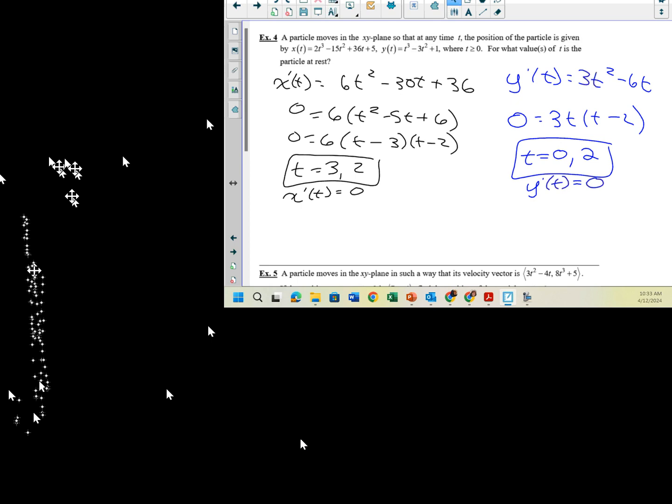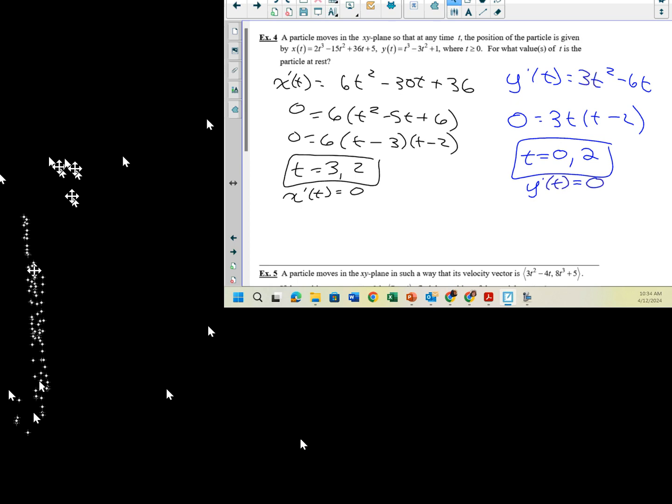Or dy dx has to equal 0. Here's the difference, ladies and gentlemen. This particle is moving left to right and up and down. In order for it to be at rest, both have to be equal to 0. If dy dt is equal to 0, I can still move left to right. I'm just not moving up and down at all. If dx dt is equal to 0, I can still move up and down. I'm just not moving left to right.